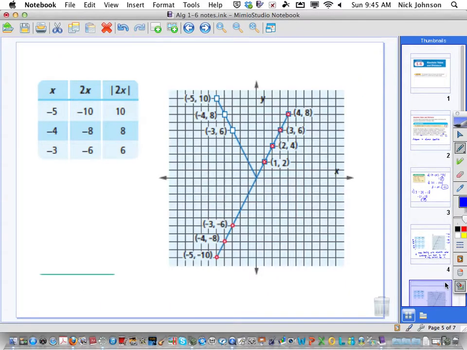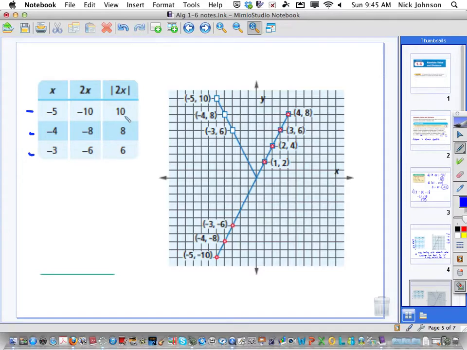Notice, they put in a negative 5, negative 4, negative 3. When x equals a negative 5 for this expression, 2 times a negative 5 is a negative 10. When I put in a negative 5 here, negative 5 times 2 is a negative 10. The absolute value of a negative 10, however, is a positive 10.